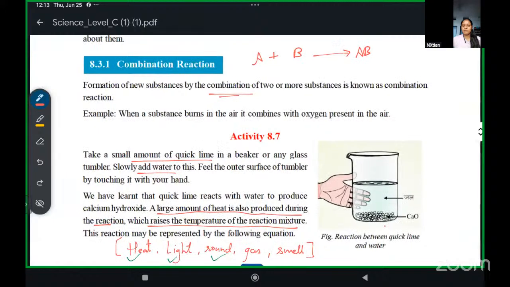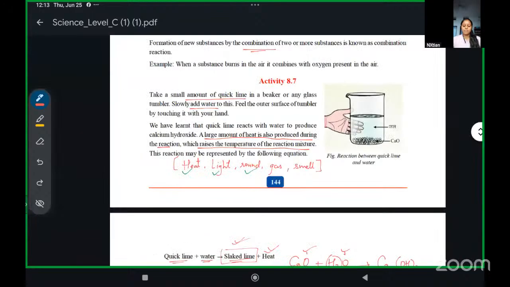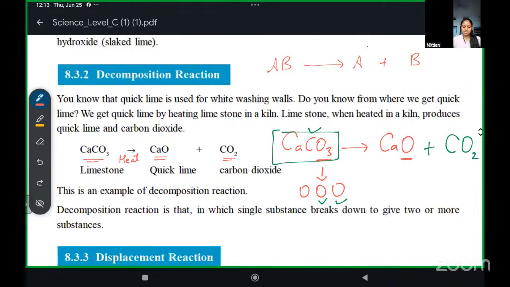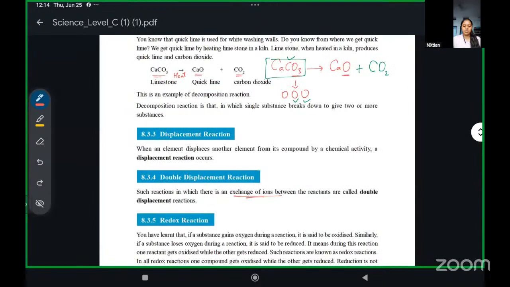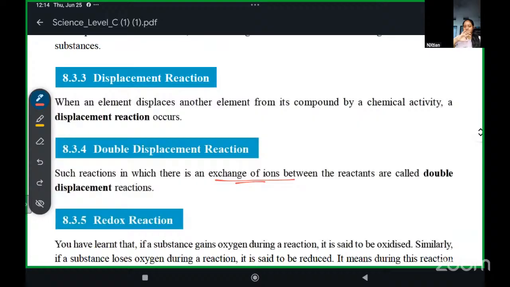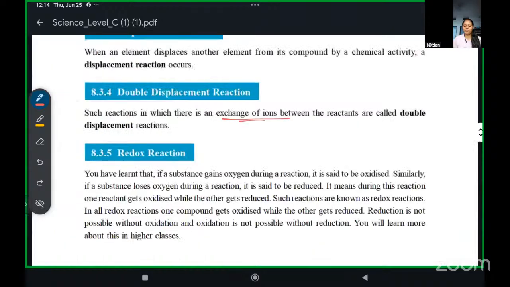Displacement reaction, where one element displaces another from its place. When there is exchange of ions between the compounds, it's a double displacement reaction.